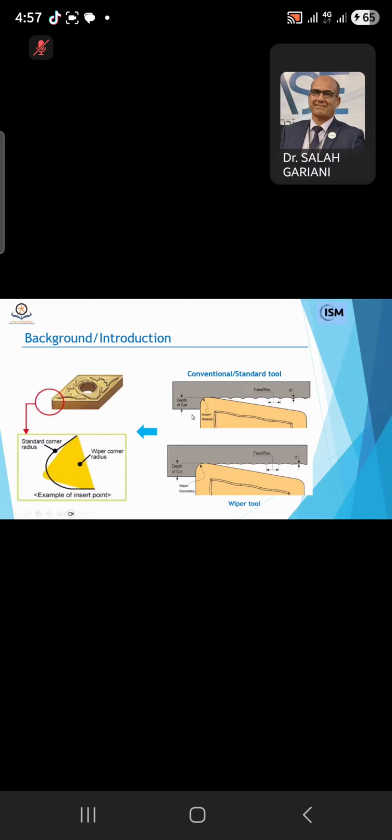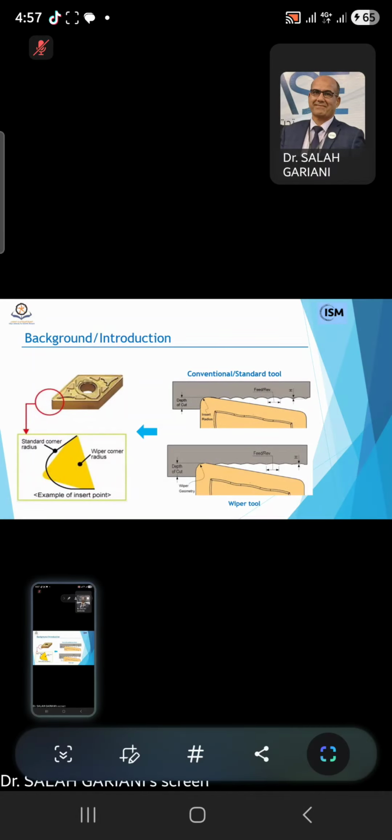As we see here, the conventional tool has a clear roundness, but the wiper geometry is different from standard tools. Using wiper tools can reduce machining time, give better chip breaking, improve surface finish at high feed rates, and eliminate the finishing step by roughing and finishing together.